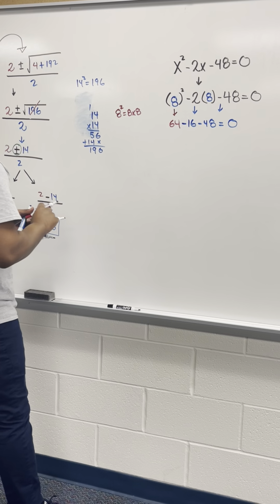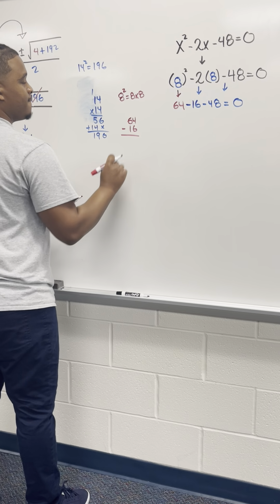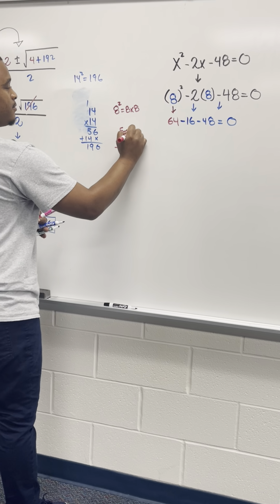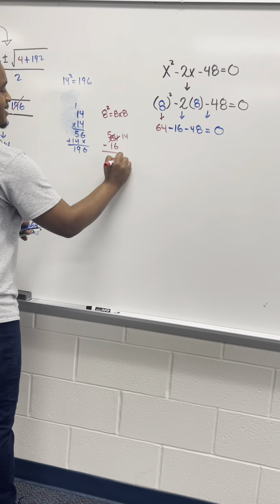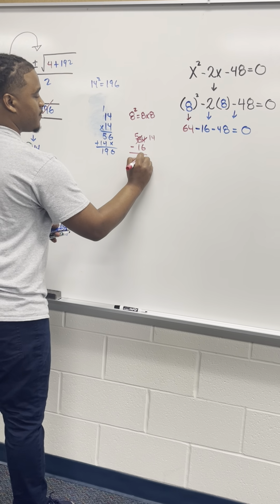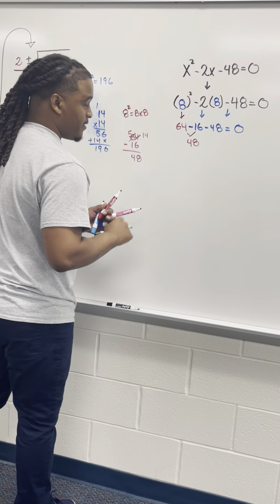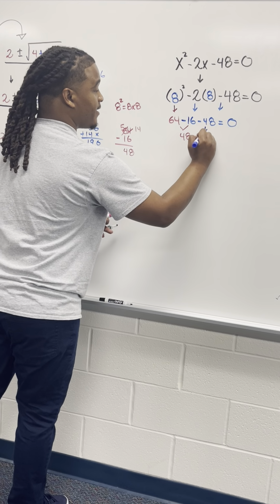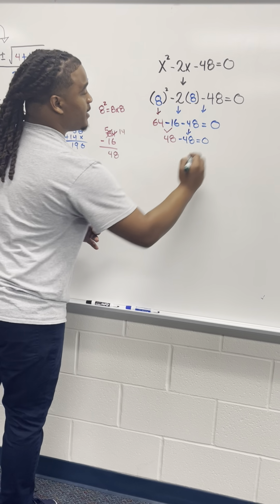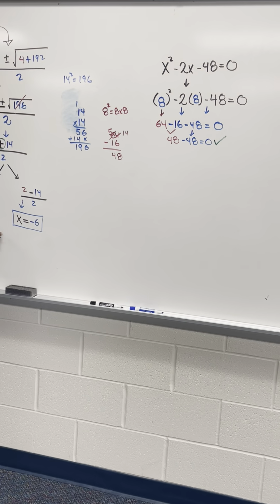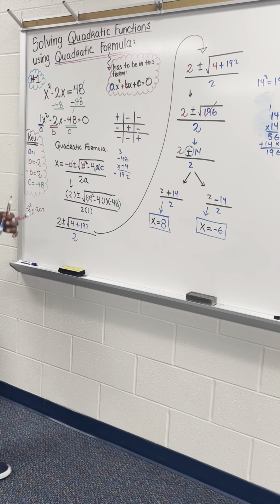Equals 0. So now let's do 64 minus 16. Let's see what we get. I have to borrow. Make that 14. 14 minus 6 is 8. And 5 minus 1 is 4. So this becomes 48. And if I subtract 48 from 48, I get 0. So if I get 0, that lets me know that 8 is actually one of the solutions that x can be to make this equal 0.